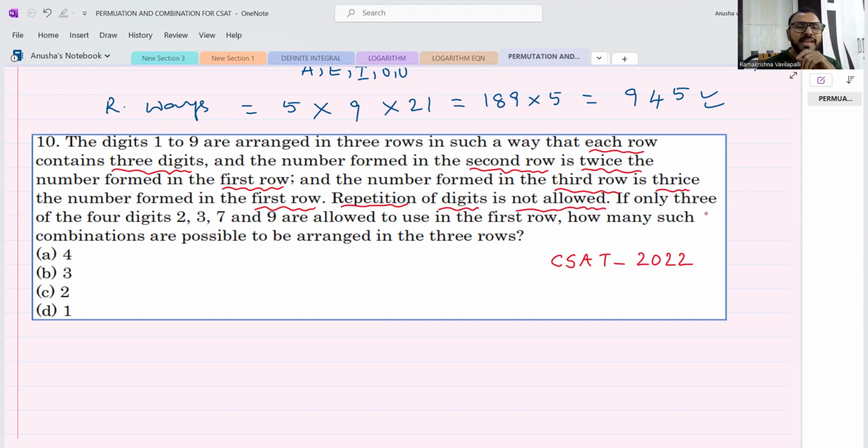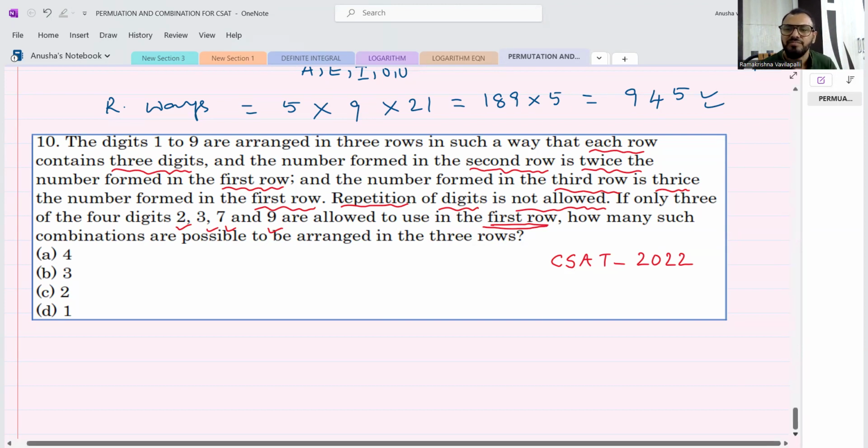If only 3 digits out of 2, 3, 7, and 9 are allowed to be used in the first row. Okay. By God's grace, they have restricted the numbers of the first row. We have to use only 2, 3, 7, and 9. How many such combinations are possible to be arranged in the 3 rows? All right.